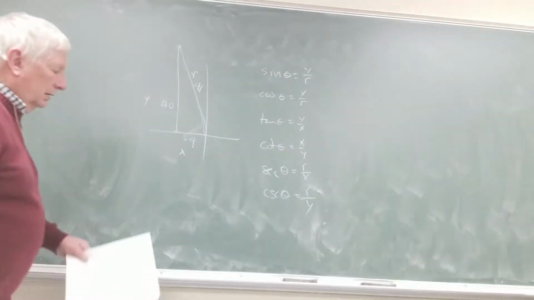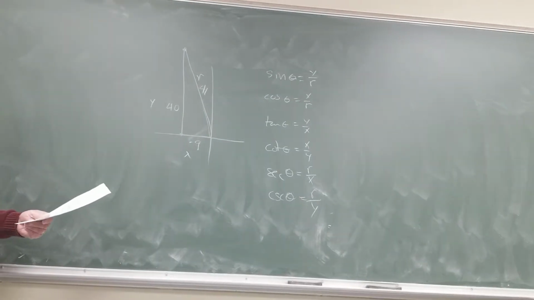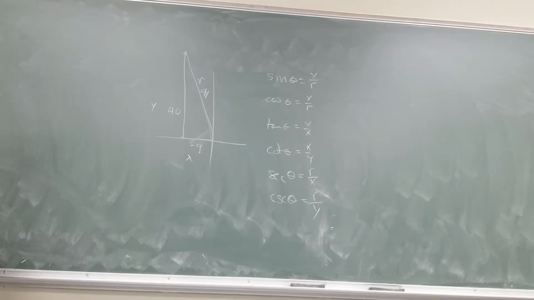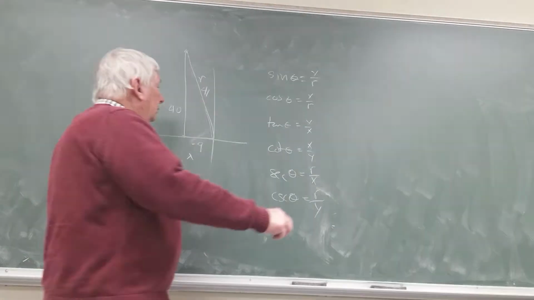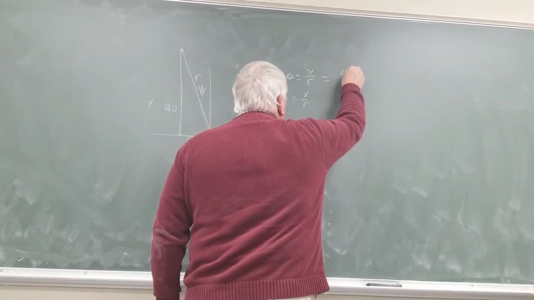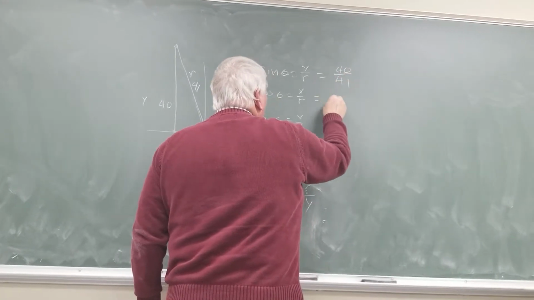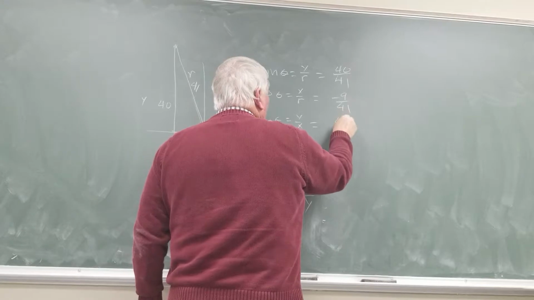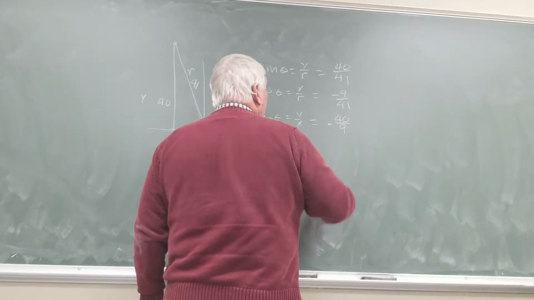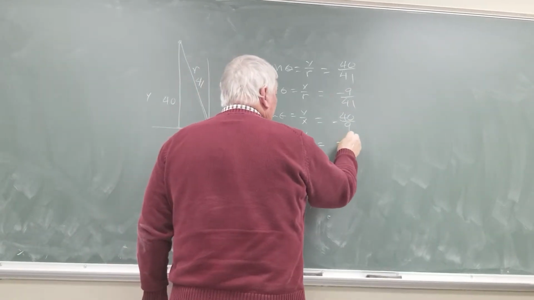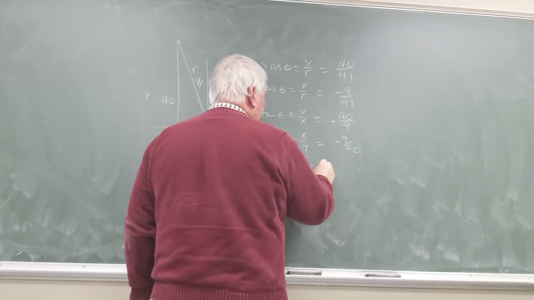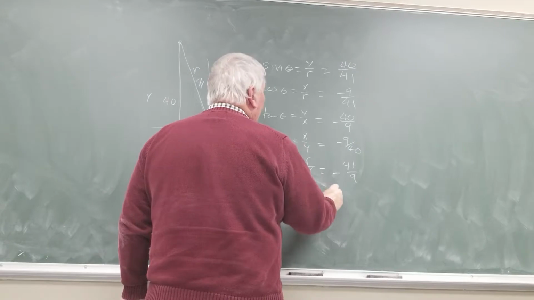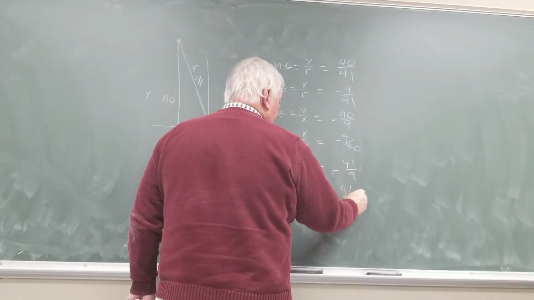So, all we have to do is fill those in. 40 over 41, -9 over 41, 40 over -9, -9 over 40, -41 over 9, and 41 over 40.